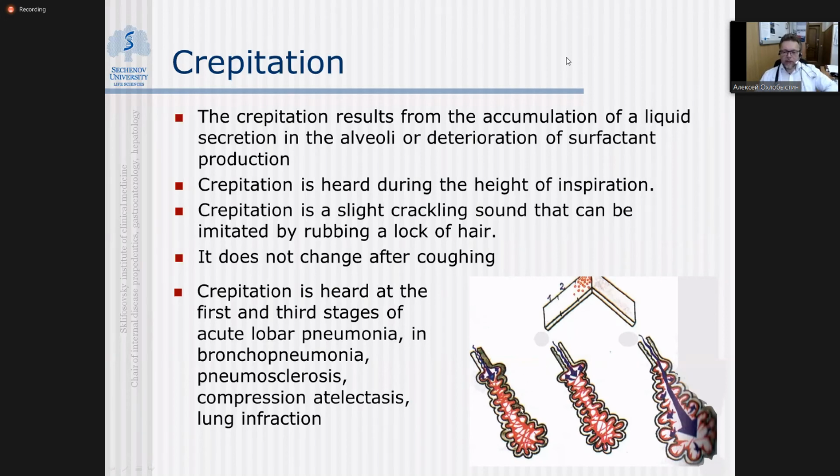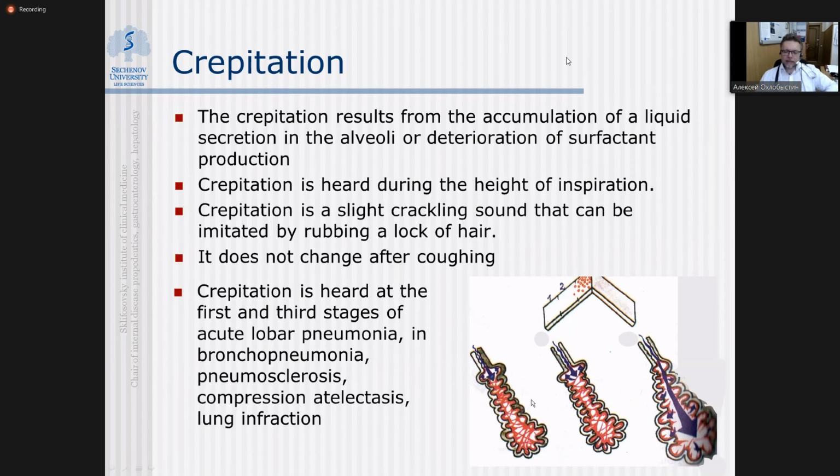That sound will not disappear after coughing, because coughing only moves the exudate in the lumen of the bronchi, and the alveoli are almost not affected. It is heard in patients having pneumonia, typically lobar pneumonia, and extremely rarely in focal pneumonia or bronchopneumonia.